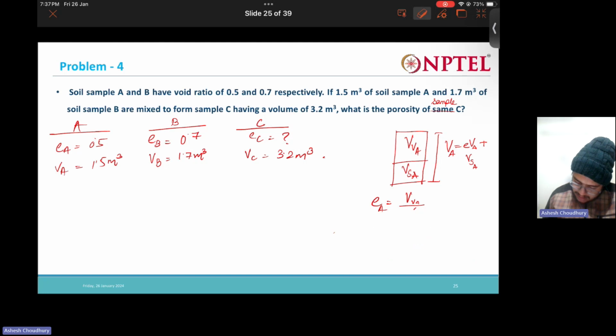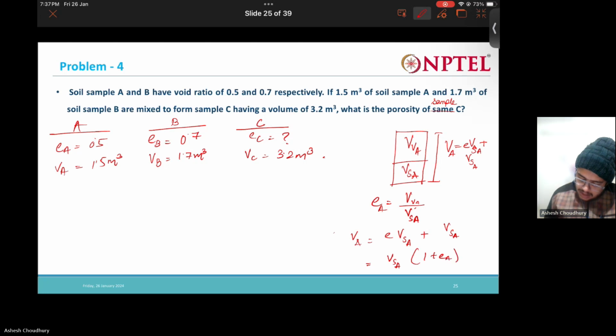It should be volume of voids by volume of solids of A. This is the definition. So total volume of A is nothing but e VsA plus VsA, so taking VsA common, 1 plus eA.